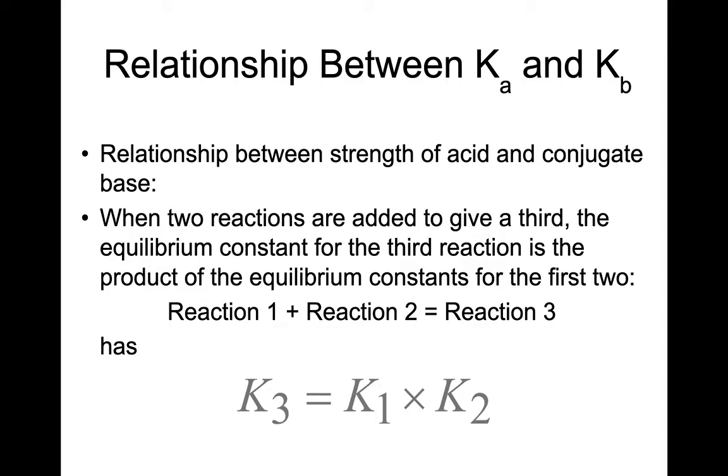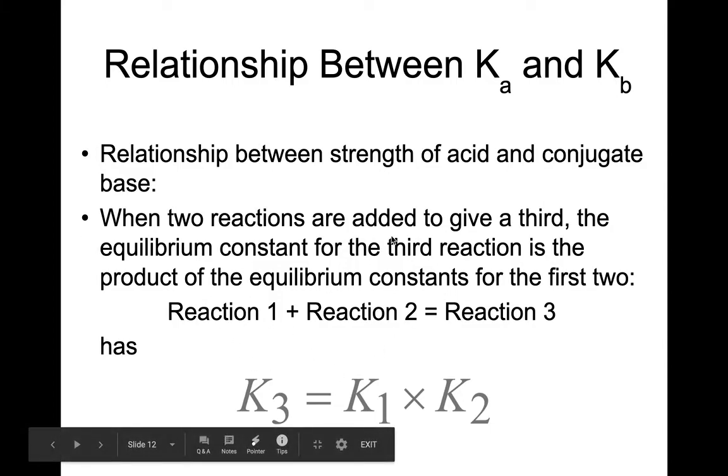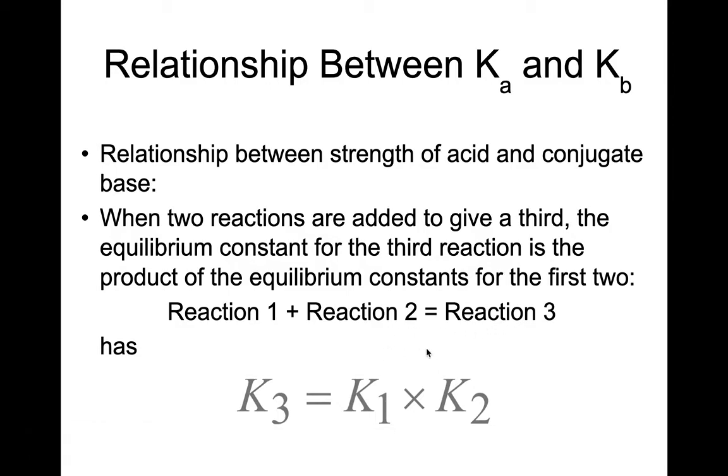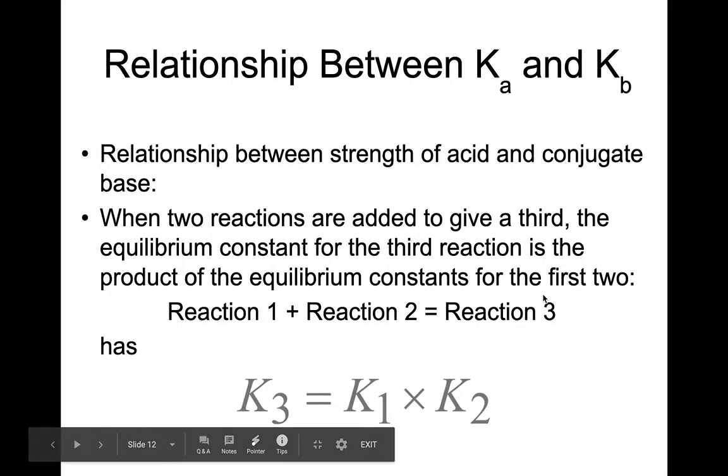So to go back to last unit, we already know this rule, that when we add two reactions together, if we've got two intermediate steps or two elementary reactions that we added together to give us an overall reaction, previously we could also solve for the equilibrium constant of that overall third reaction by multiplying the equilibrium constants of the first two. This here is something we've done before. We add up two reactions to get an overall. We multiply their equilibrium constants to get the overall equilibrium constant.